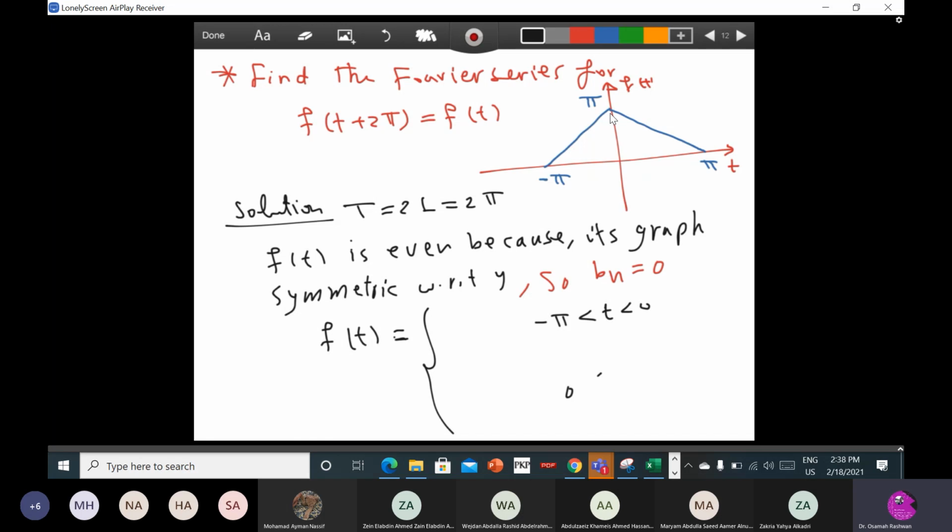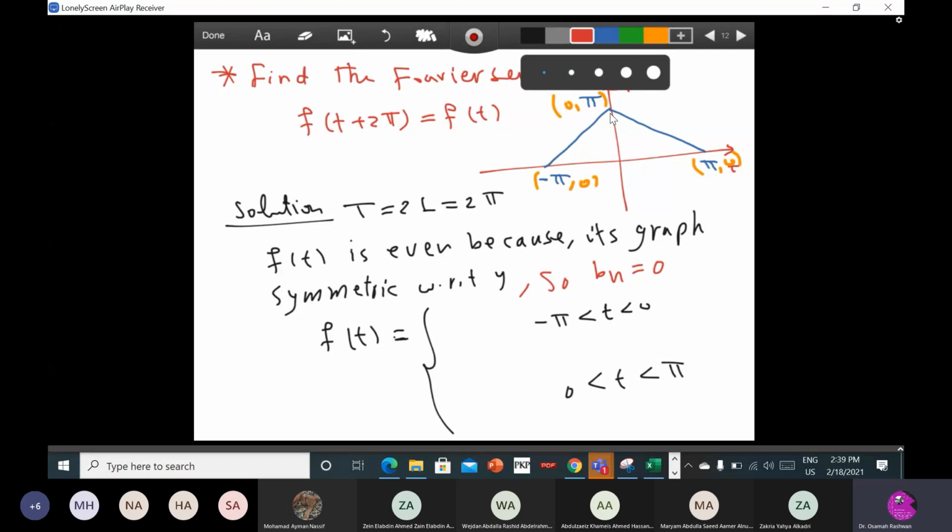And from 0 to pi, I have a line. How do I find this line here and this line here? I have 2 points, right? This point is minus pi and 0, and this one is 0 and pi, right? So I'll go for the line equation.